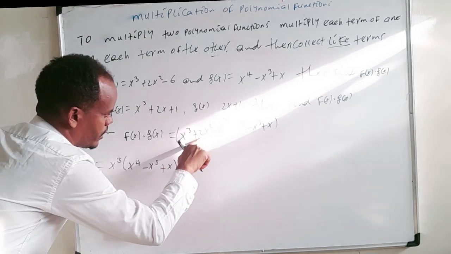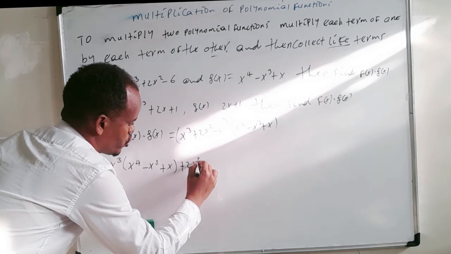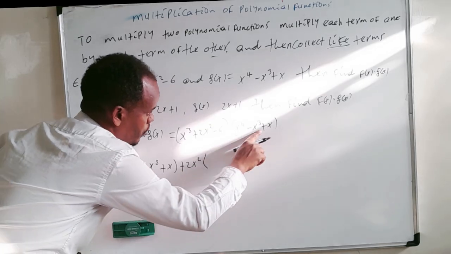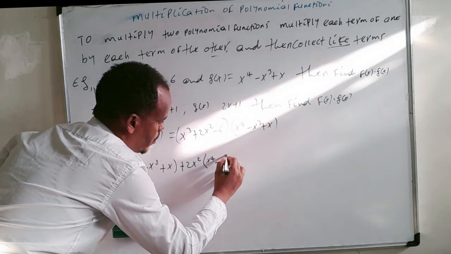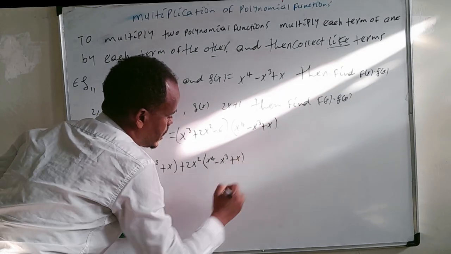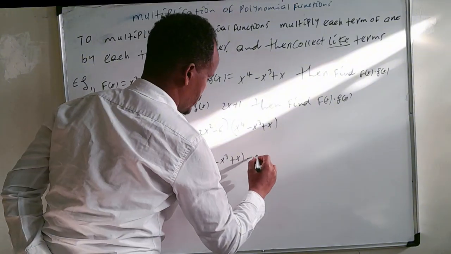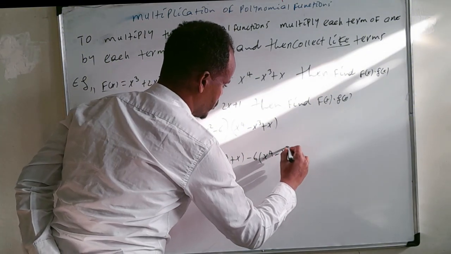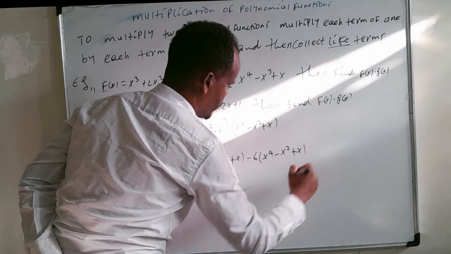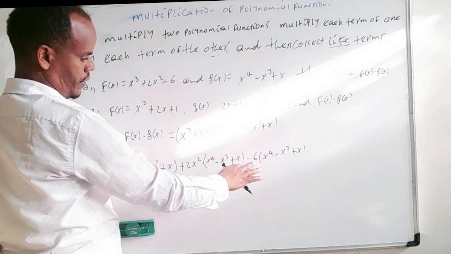And the second term is plus 2x square times each term of the second, that is x to the power of 4 minus x to the power of 3 plus x. And here is minus 6 times x to the power of 4 minus x to the power of 3 plus x. Then this is the third term.